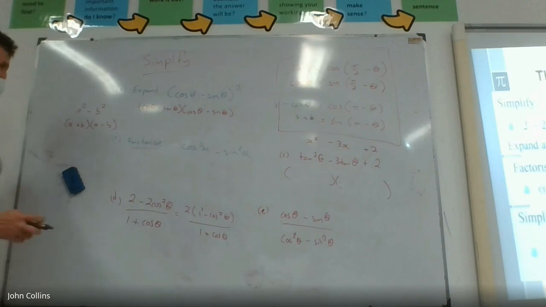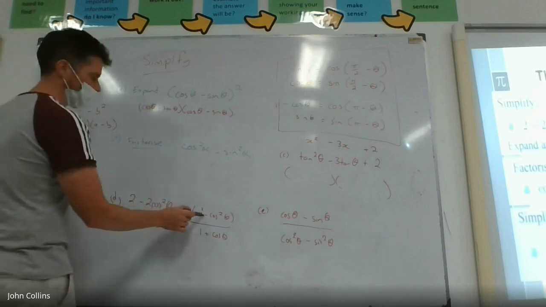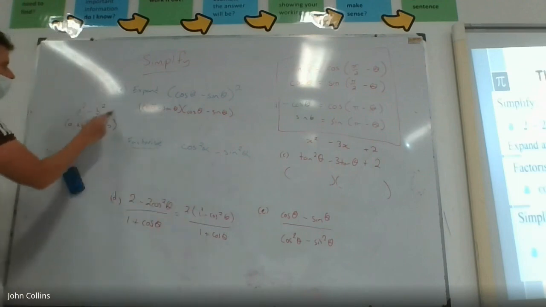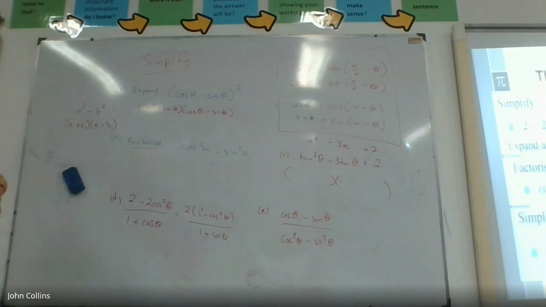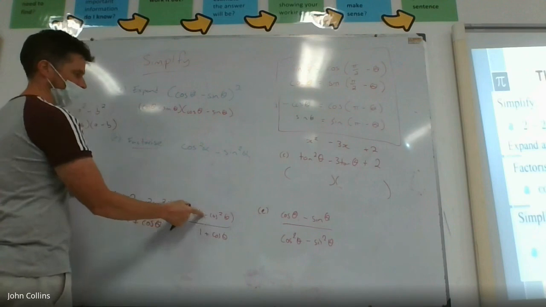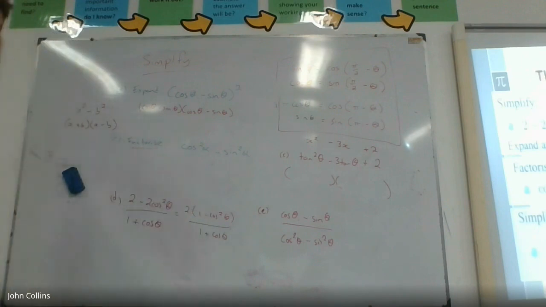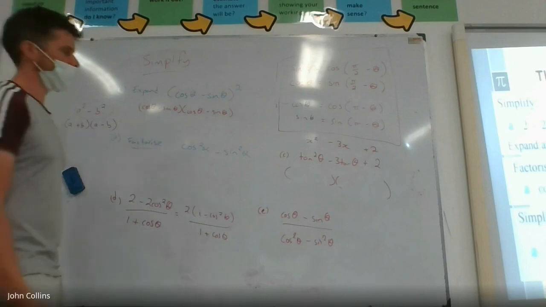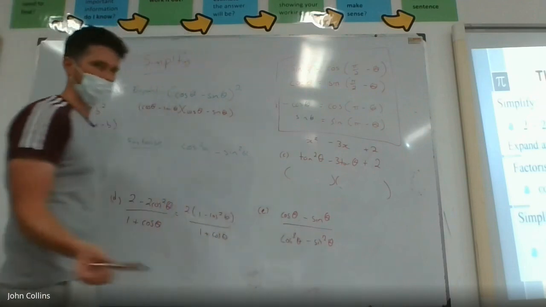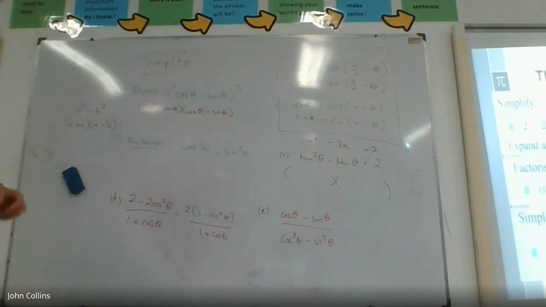You can make it actually simpler than that. That is also the difference of two squares, like this. 1 is just 1 squared. Just take care of that again. This is the difference of two squares again.